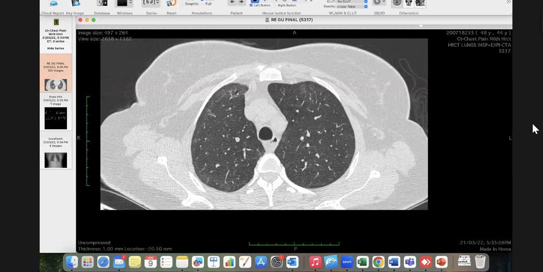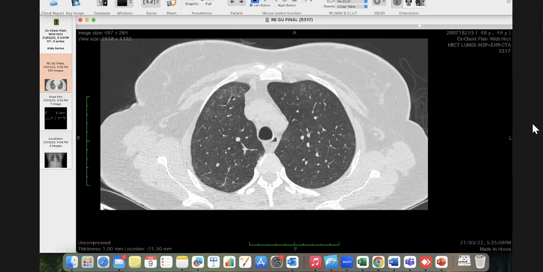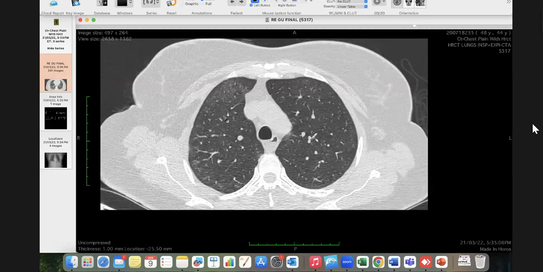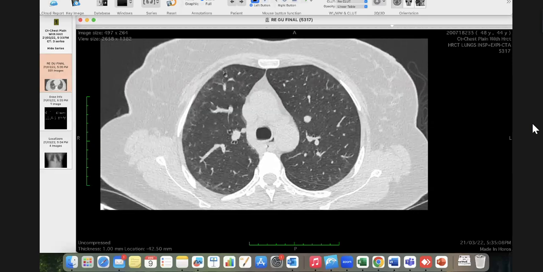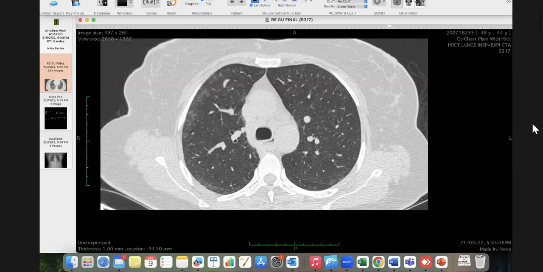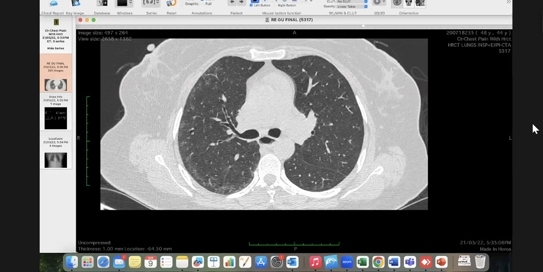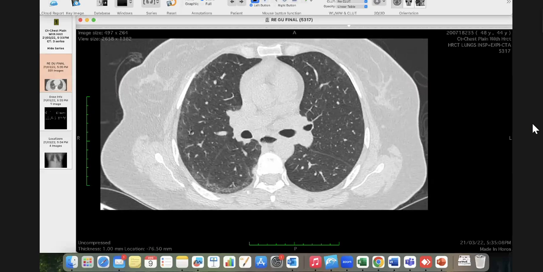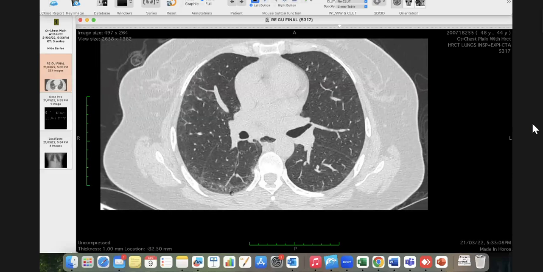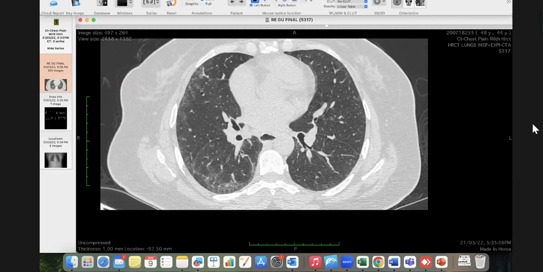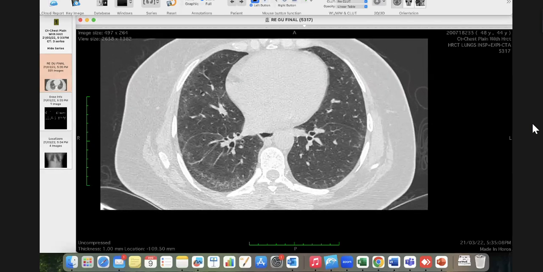I am seeing subtle reticulation, slight haziness in the subpleural region, which increases as I go down, and I am almost certain now that it is there, to the extent that I am seeing a distinct opacity in the subpleural region with very clear subpleural sparing.